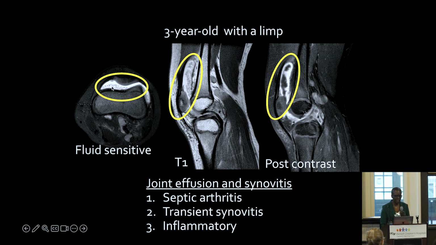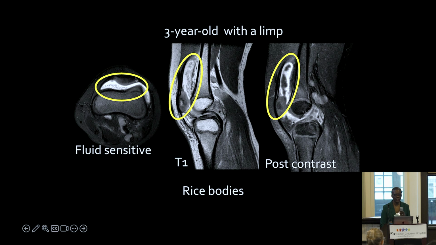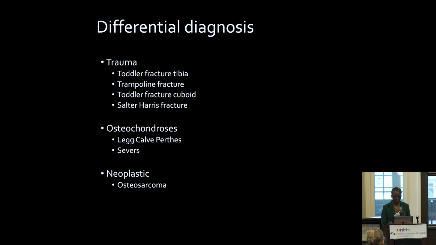But in this kid, we can see that there are these small, dark filling defects, right? So these are actually rice bodies, which is a sign of chronic inflammation. And this was a case of juvenile idiopathic arthritis. So to our differential, we can add leukemia and neuroblastoma, another metastatic disease in the marrow.